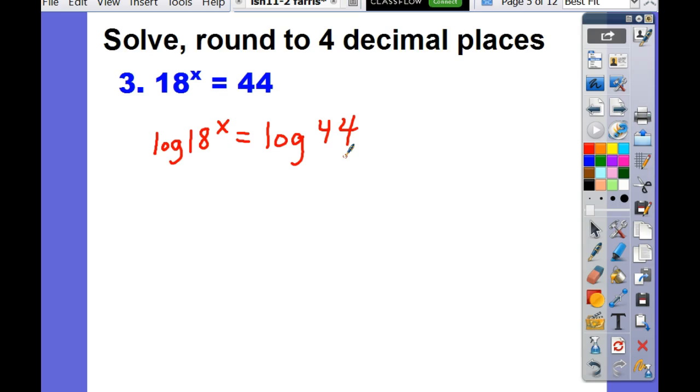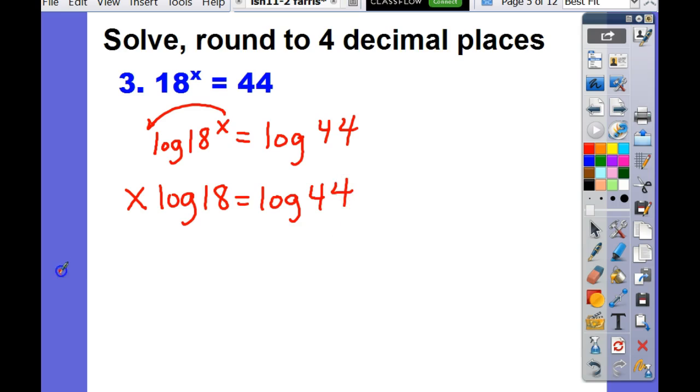So that I could use the power rule. The power rule says this X comes out in front. The X is not an exponent anymore. So now I can solve for that.